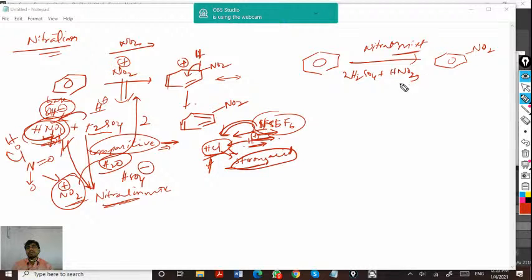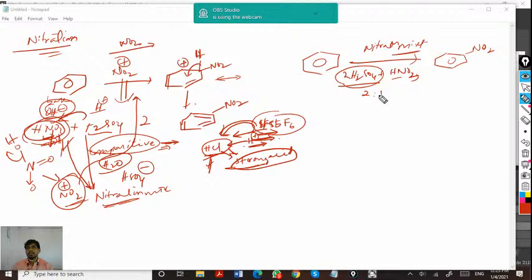The first molecule of H+ is used for the protonation of the nitric acid. The second molecule is used as H+ for the water formation. So two molecules of H2SO4.